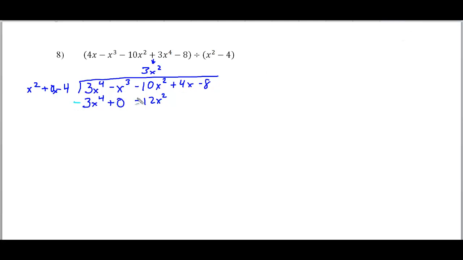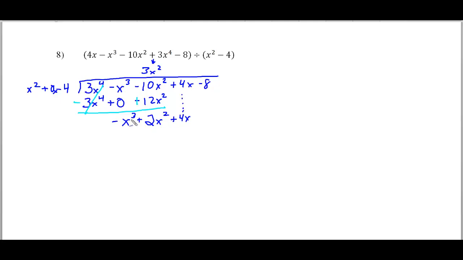Minus, that doesn't change, plus, these simplify, and this makes a positive 2x. Change colors here. So positive 2x squared. This drops down. And that drops down here.